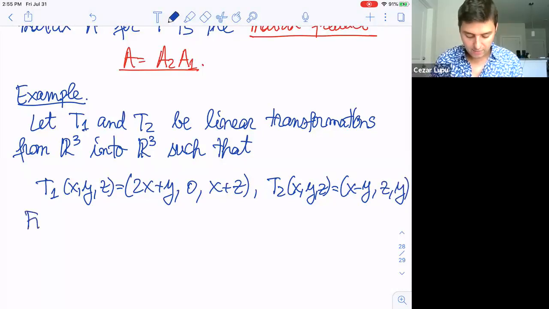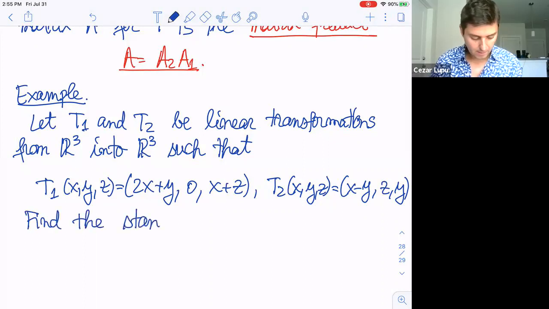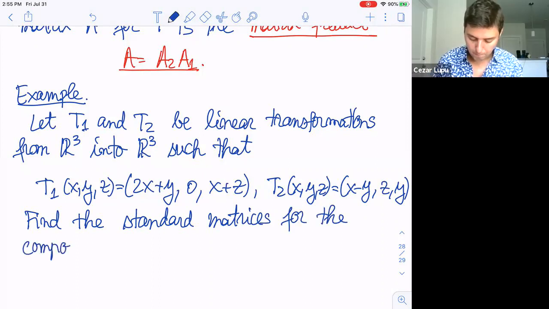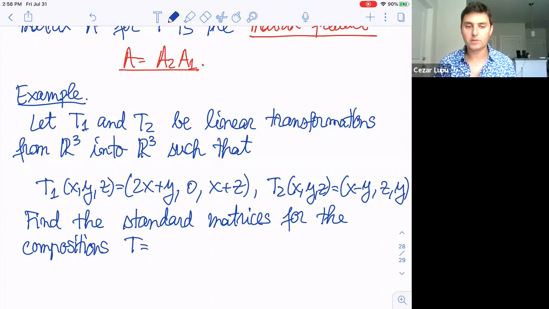And we're asked to find the standard matrices for the compositions, and I'll have two compositions here.